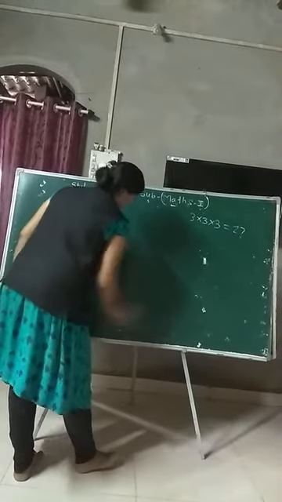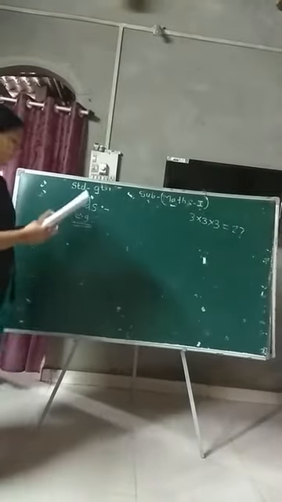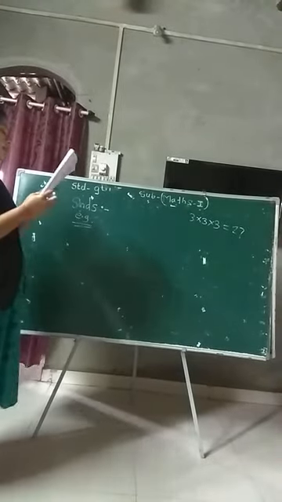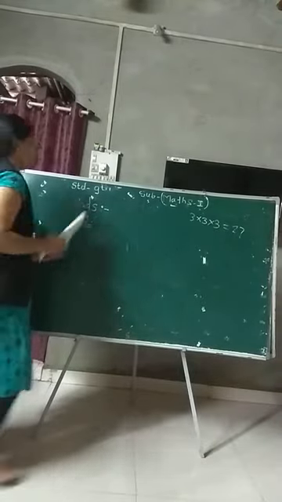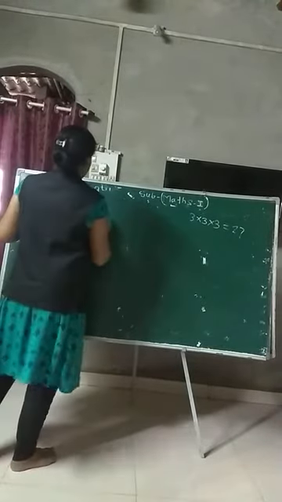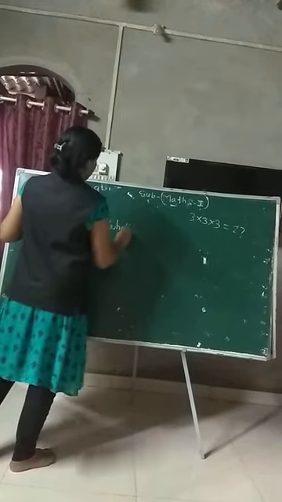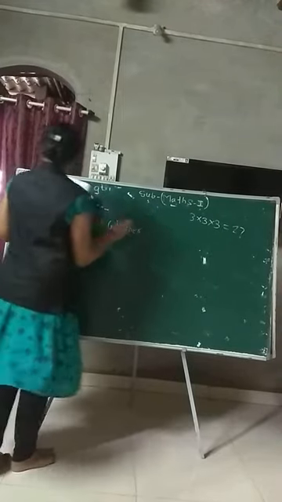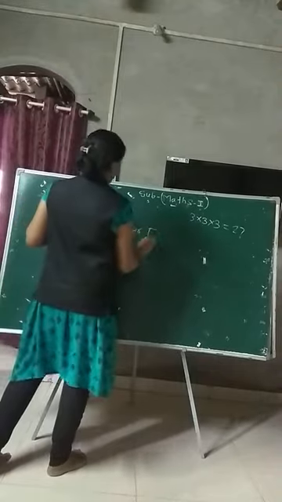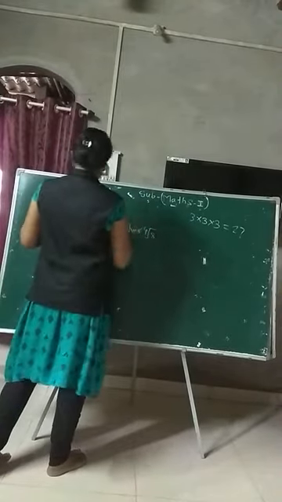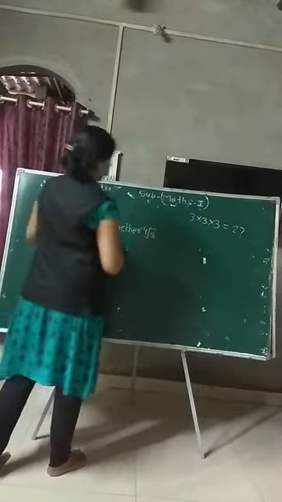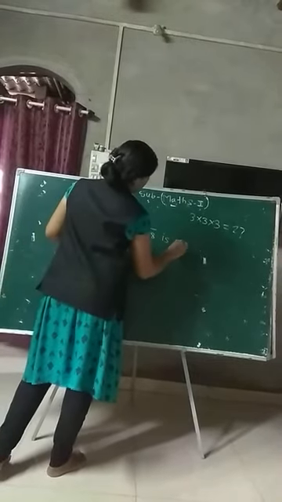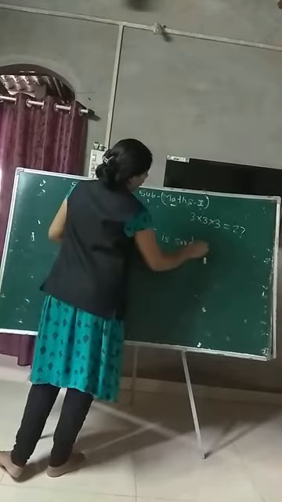Now see example number 4. Whether fourth root of 8 is a surd or not.